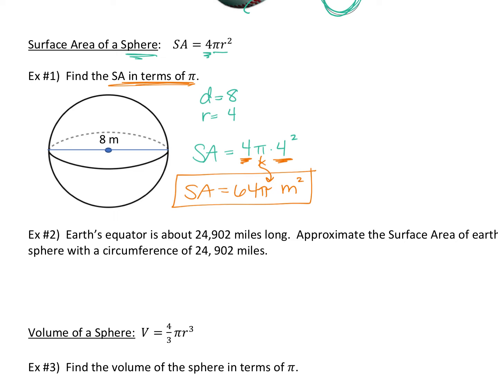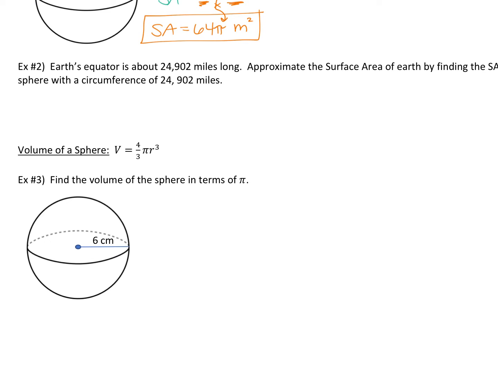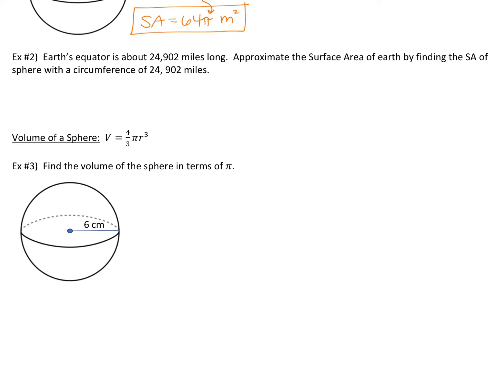Okay, then this next problem is the one where you really have to just understand how a calculator works and the different pieces and how we plug things in. And as long as you do, this is not a terrible problem. Here's what it says. Earth's equator is about 24,902 miles long.